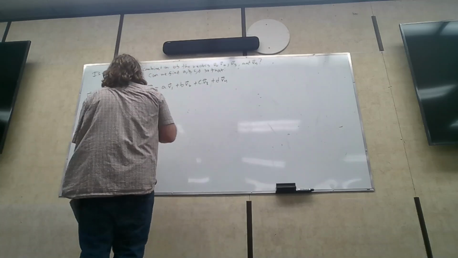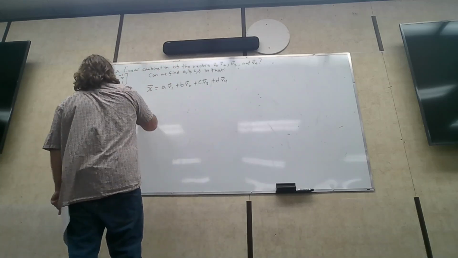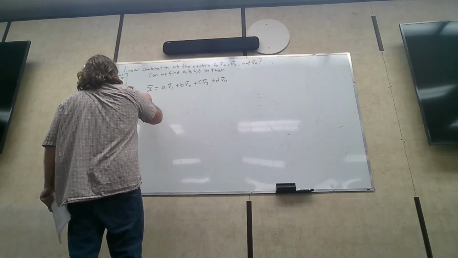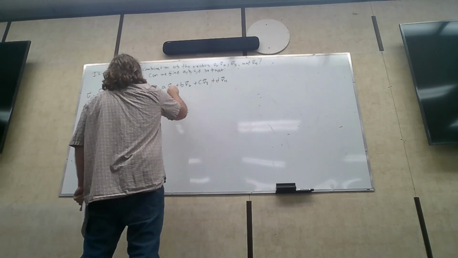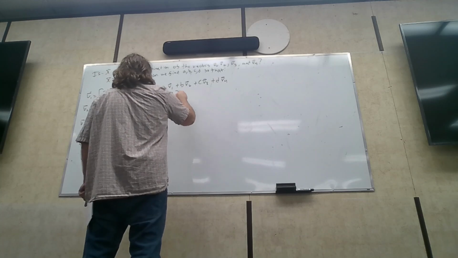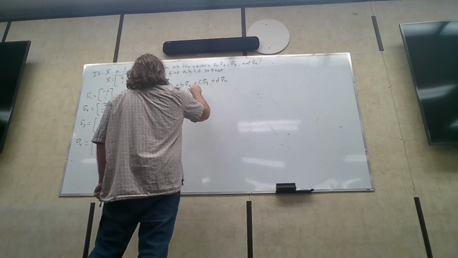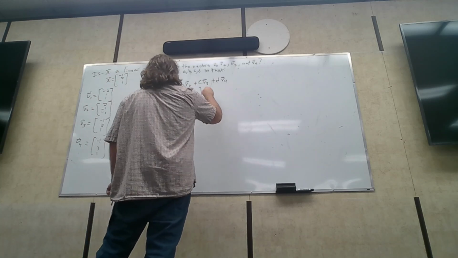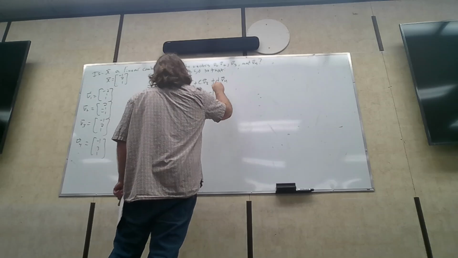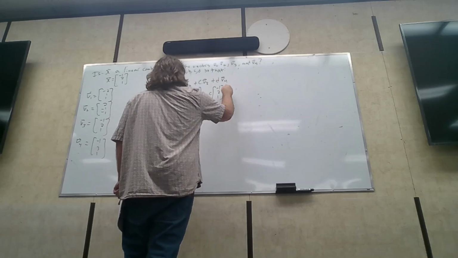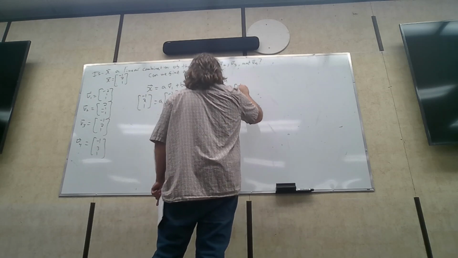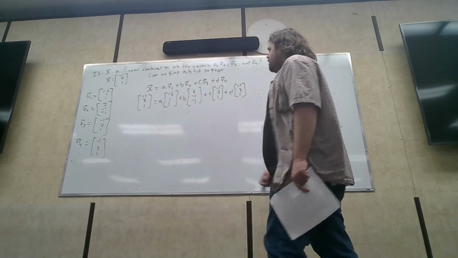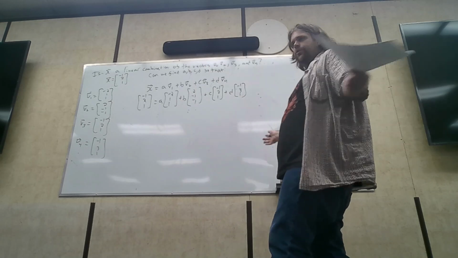So, what does this look like? Well, we know what these vectors are. We don't know what these numbers are, but we know what the vectors are. A times -2, 1, 1, plus B times 2, -1, -1, plus C times -1, 2, 1, plus D times -1, 3, 1. Then we can just do vector stuff.